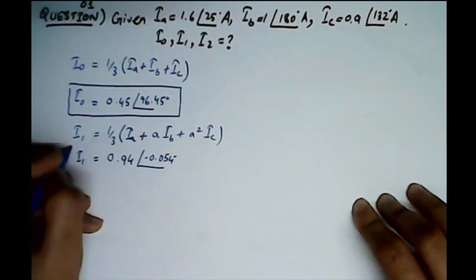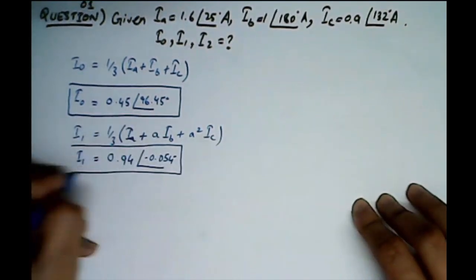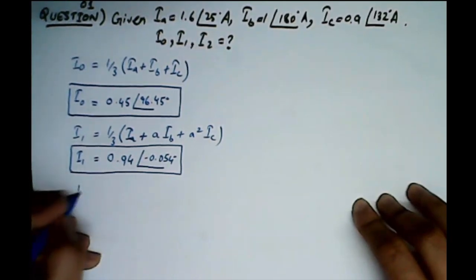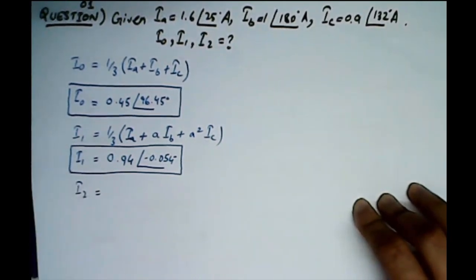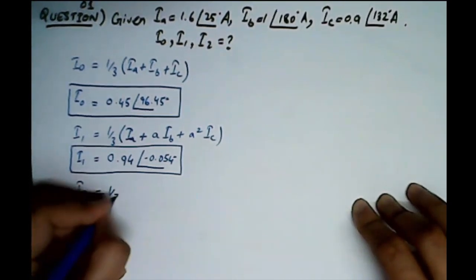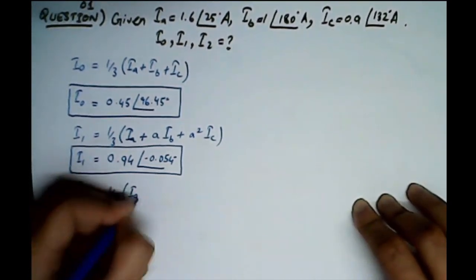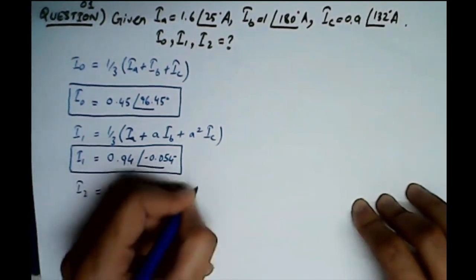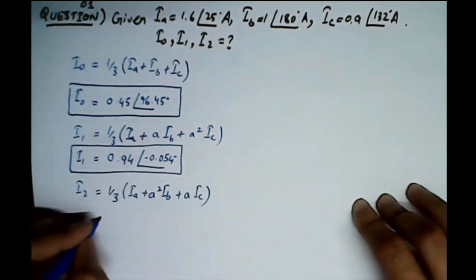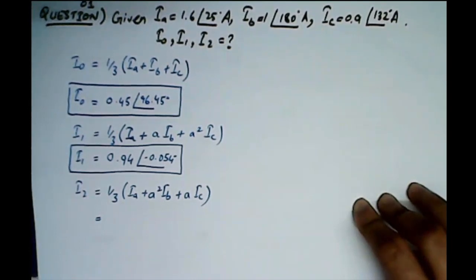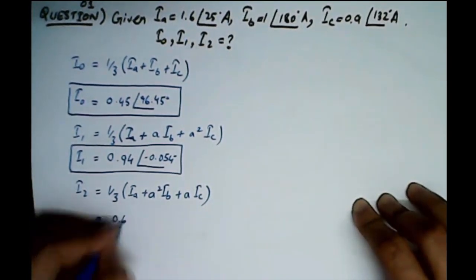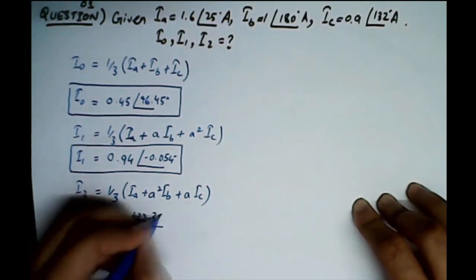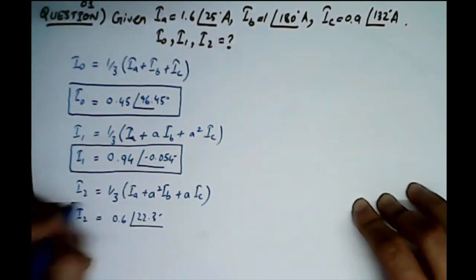This is I1. And finally we have I2 equals 1 over 3 (IA plus a square times IB plus a times IC), which will be 0.6 angle 22.3 degrees. This is I2.